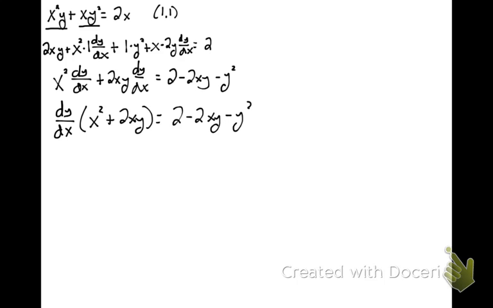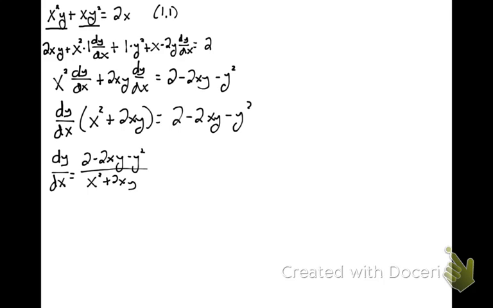So dy/dx is equal to (2 minus 2xy minus y squared) over (x squared plus 2xy).